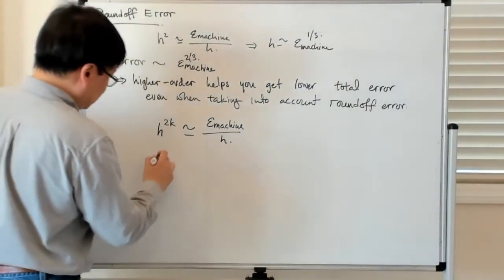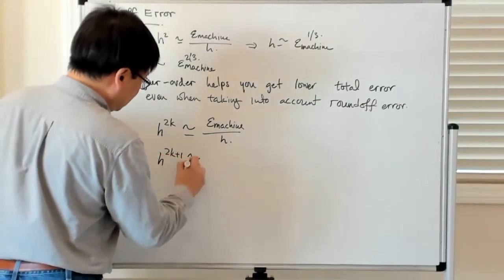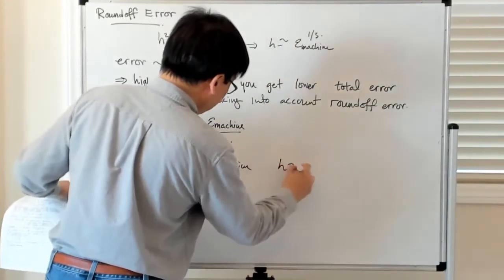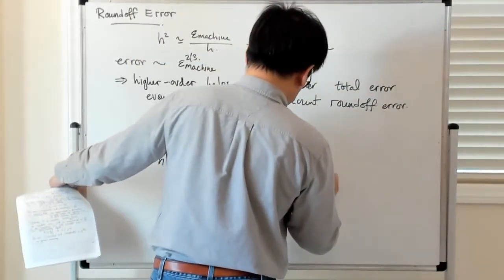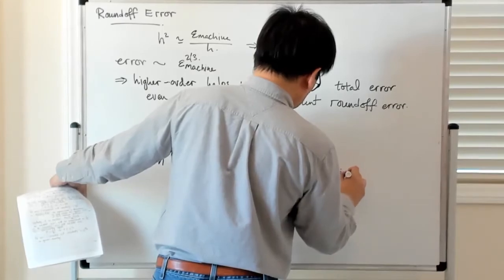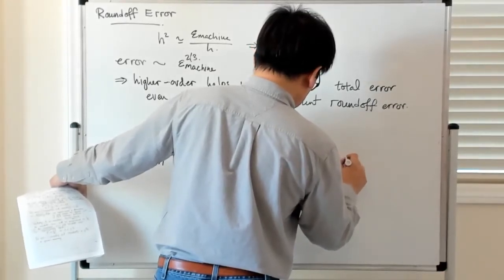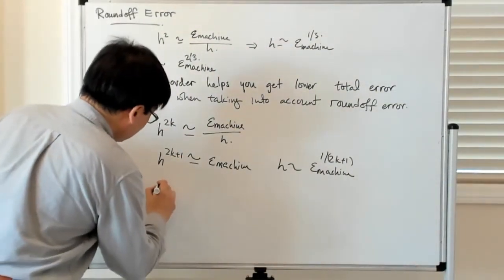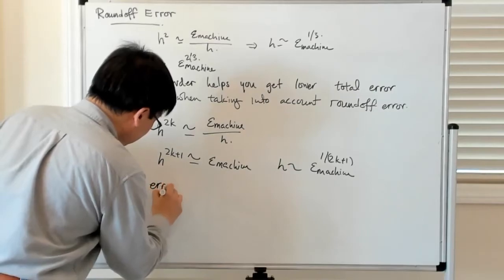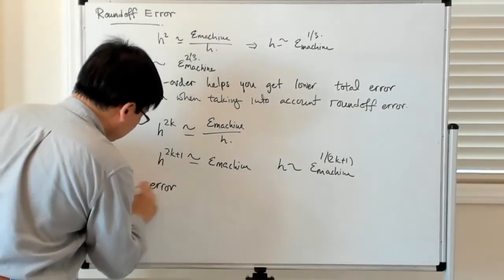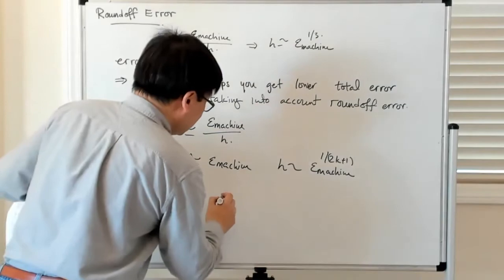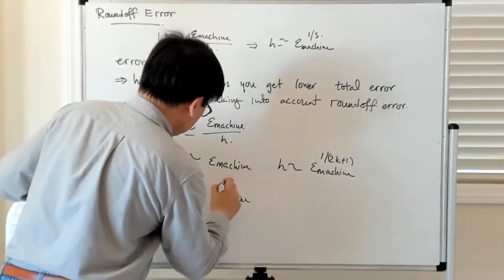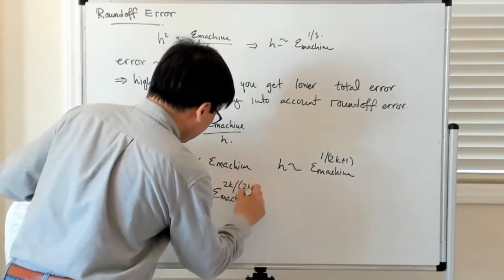So this gives you h to the 2k plus 1 is approximately epsilon machine, which means that you want h to be machine epsilon to the 1 over (2k plus 1). You substitute that h back into this truncation error, and you get the total error is epsilon machine to the 2k divided by (2k plus 1).